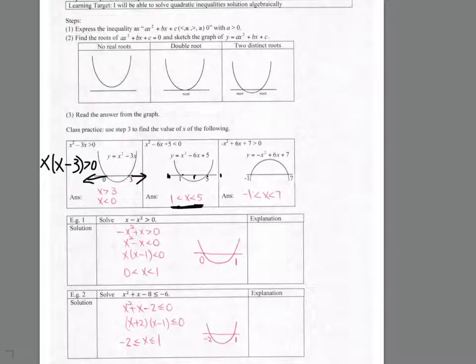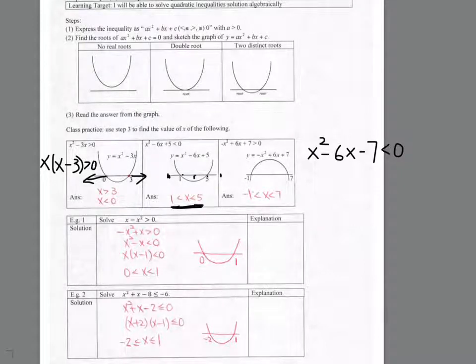The third one, the next one: negative x squared plus 6x plus 7 greater than 0. So remember, we have to change that into positive a. So I multiply everything by negative. So I have x squared minus 6x minus 7 less than 0.